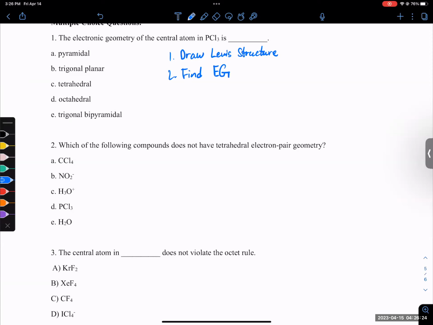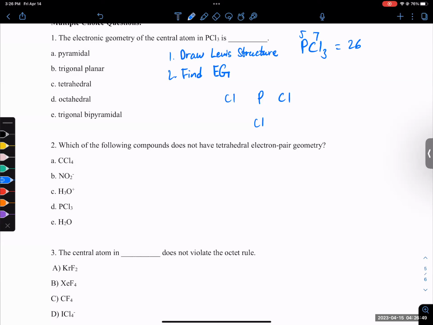All right, PCl3. We find our total valence electrons. That's 7 for each chlorine and 5 for the phosphorus, so 21 plus 5, that's 26. What do we do from here? What's our central atom? It is indeed the P. PCl, Cl, Cl. And now what do we do?